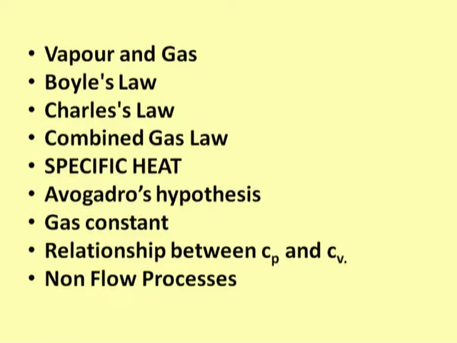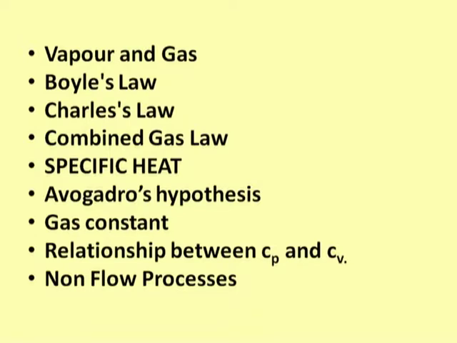After understanding the combined gas law and characteristics gas equations, we also learned the specific heat, Avogadro hypothesis, gas constant. We also learned the relationship between the Cp and Cv, where Cp is the specific heat for a gas at a constant pressure, Cv is specific heat for a gas at a constant volume.